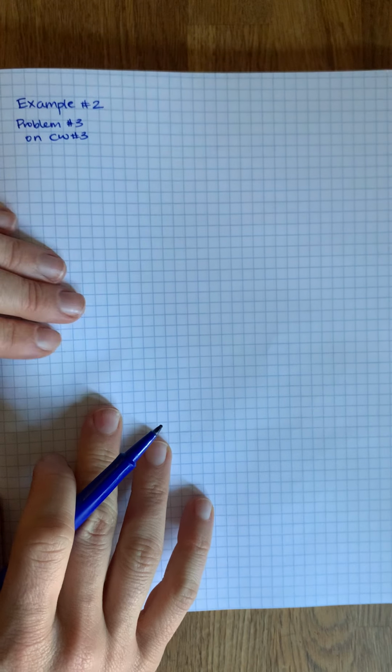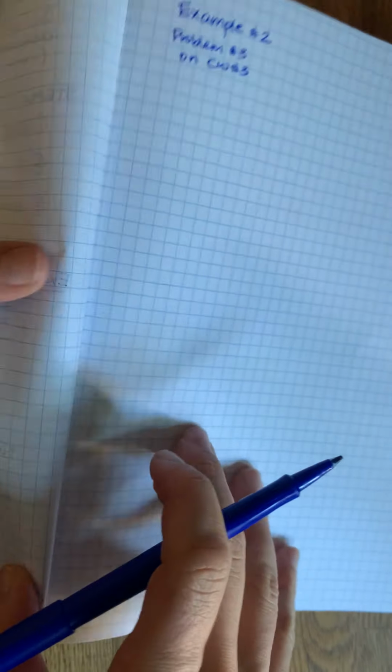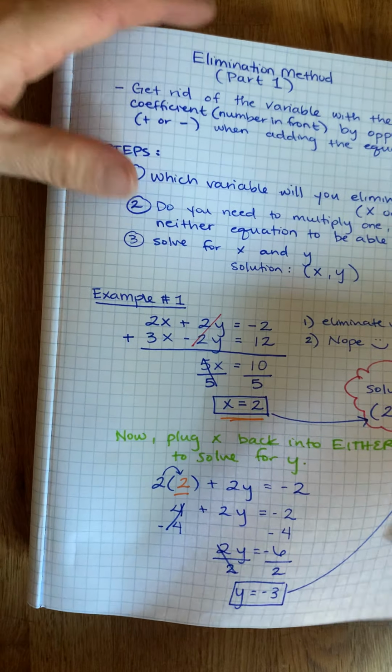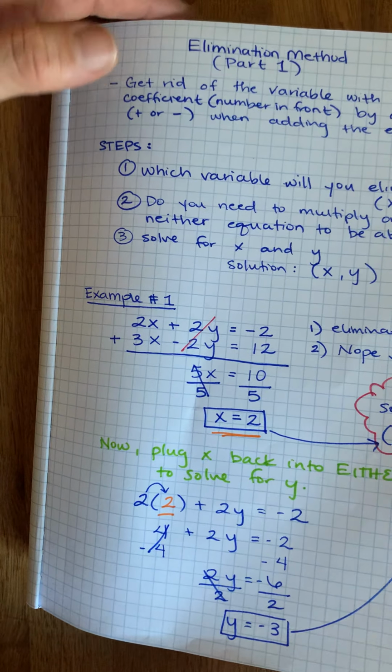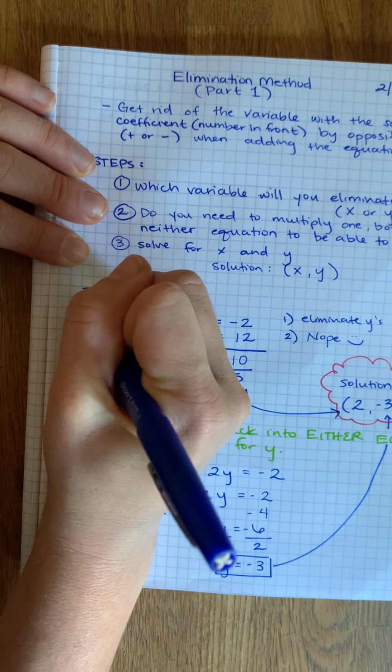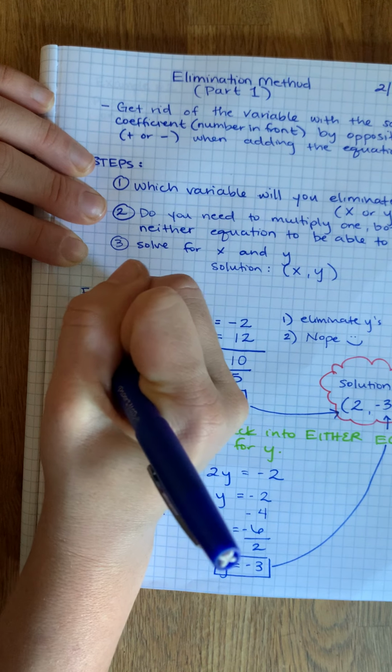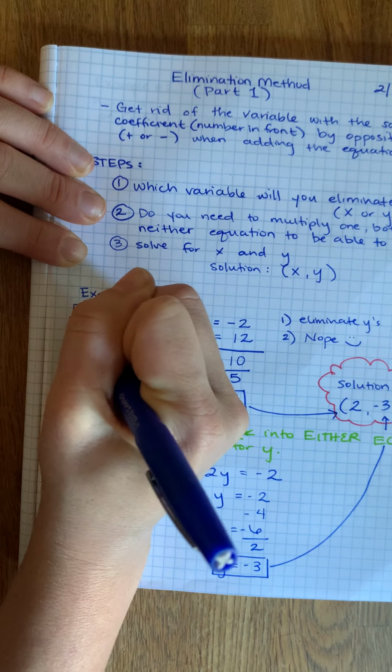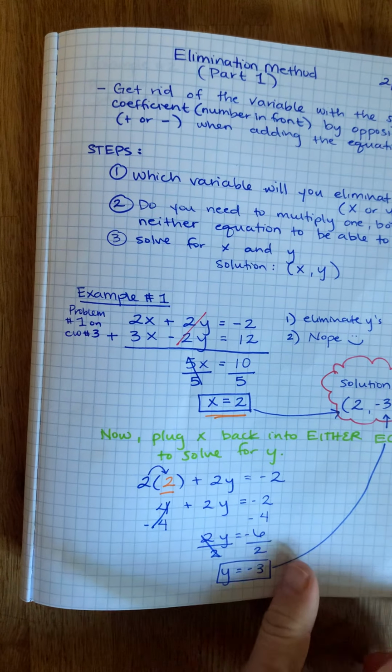And the first one is problem number 1 on CW number 3.